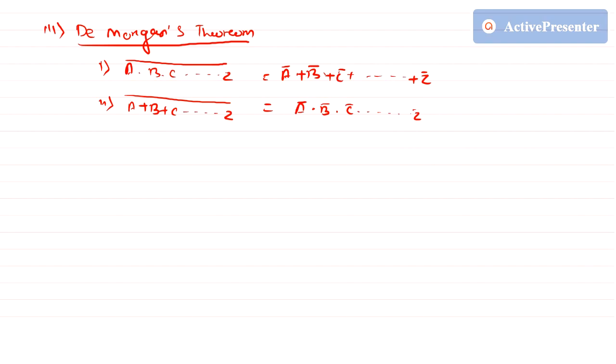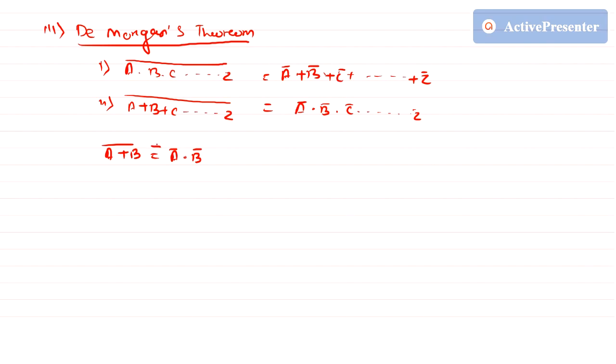So the theorem says, if there is an expression and its complement is written, then the output will be its dual with the individual complement terms. Suppose I write a plus b whole bar, so it will be equal to a bar into b bar if you break it into individuals, and the reverse also.